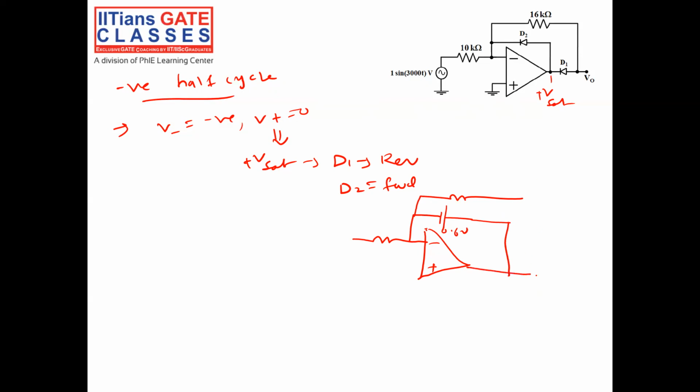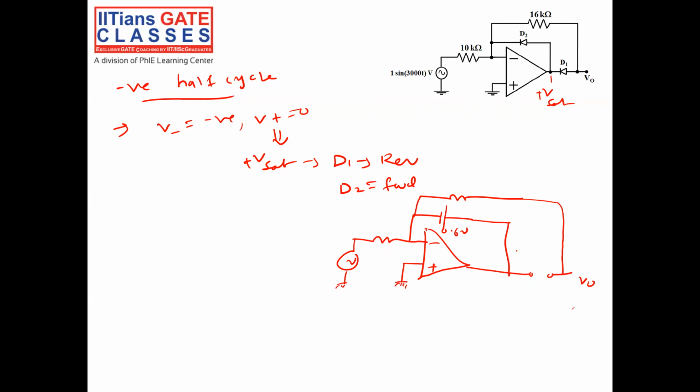And D1 is reverse bias, so it's open. This is my V0. Since it is open, this is ground, this is my V in, and this is my ground.